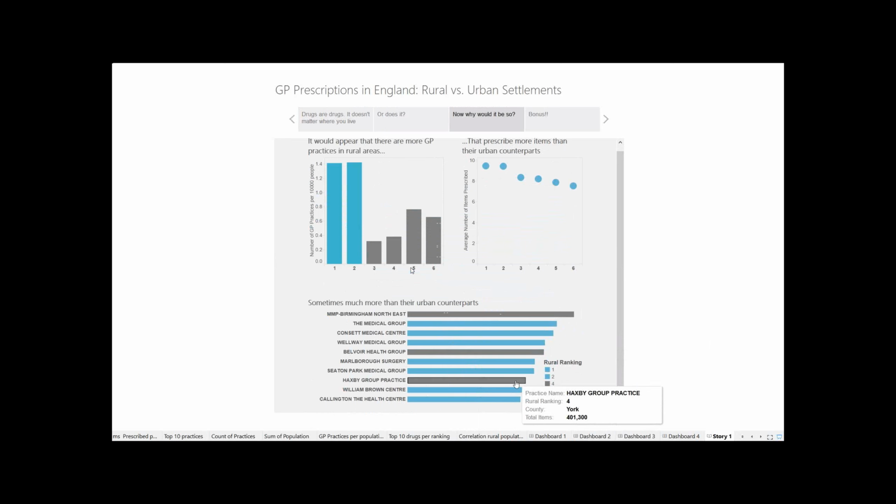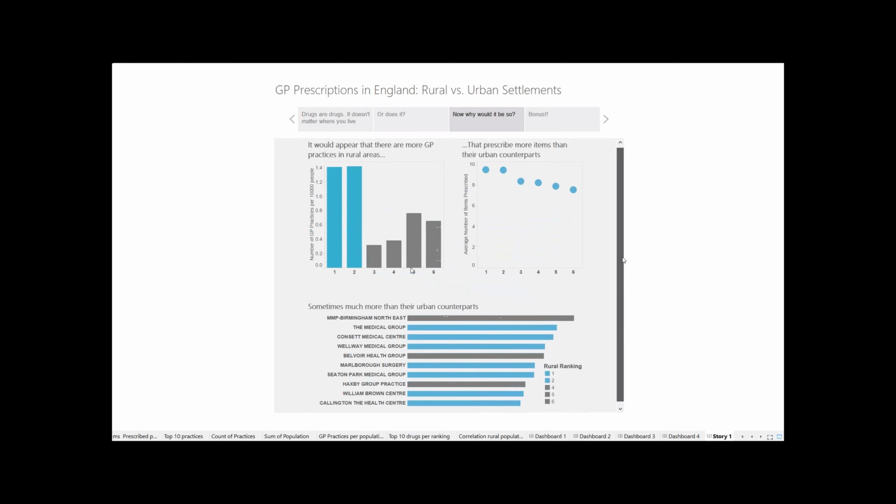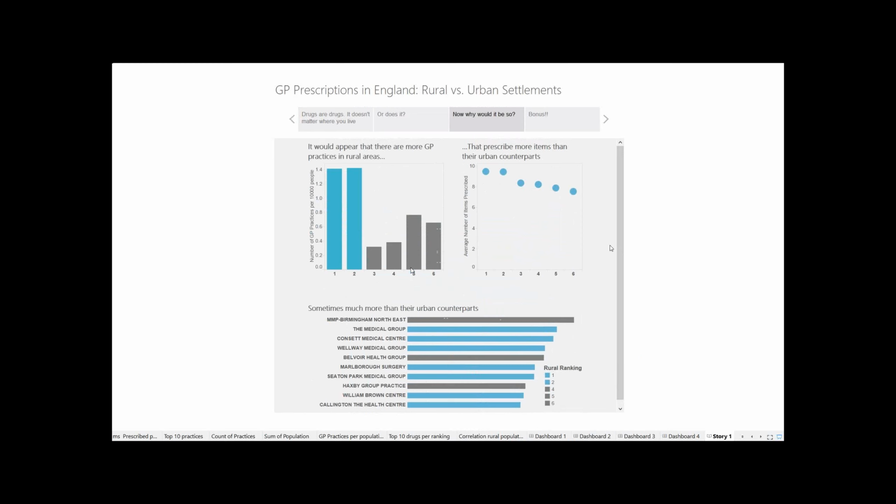But who has ever heard of County Durham? Well, you know, apart from the English people here, but they do seem to be quite keen on prescription items. So maybe someone should give them the memo that, okay, maybe pharmacies are not that near, but maybe you shouldn't prescribe that many drugs either. It's not good for the health system.